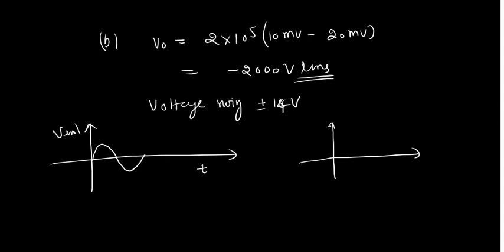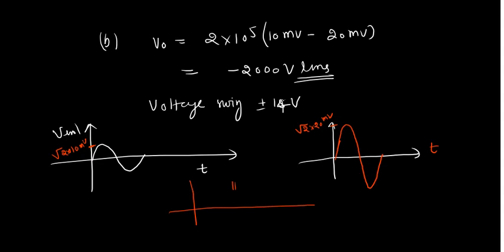So this is your V in 1, this is your V in 2. And this maximum value would be root 2 times 10 millivolt, root 2 times 20 millivolts. And the output you will get is square waves of this type.